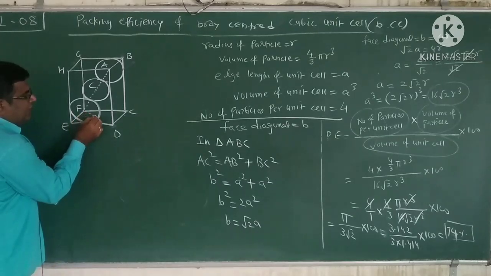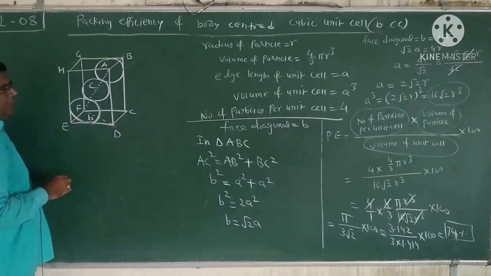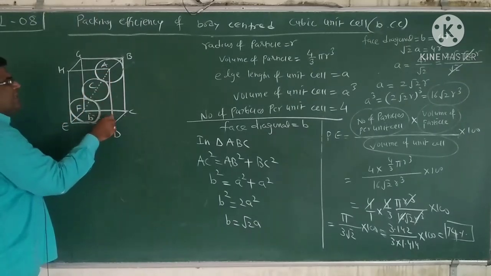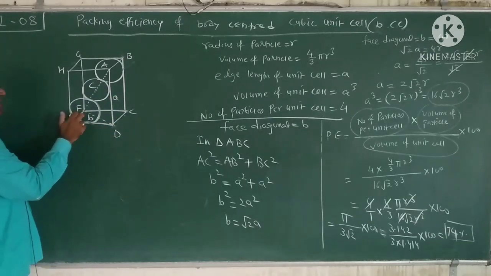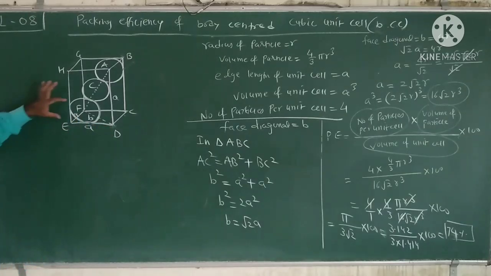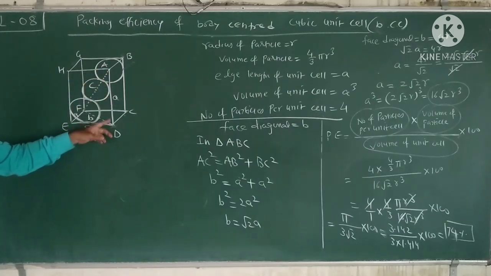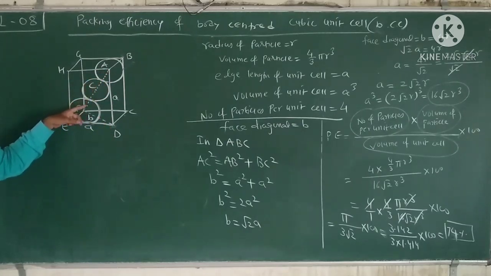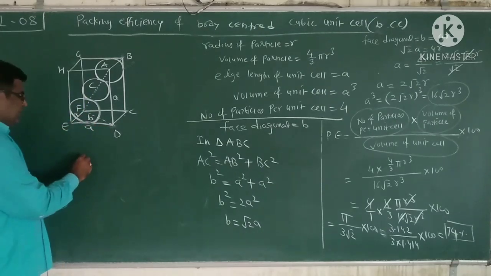This FD is the face diagonal B, and this AD is edge length A. EF is also edge length A. ED is also edge length A. So this is edge length, this is edge length, this is edge length. This is the body diagonal and this is the face diagonal, and this is BCC.